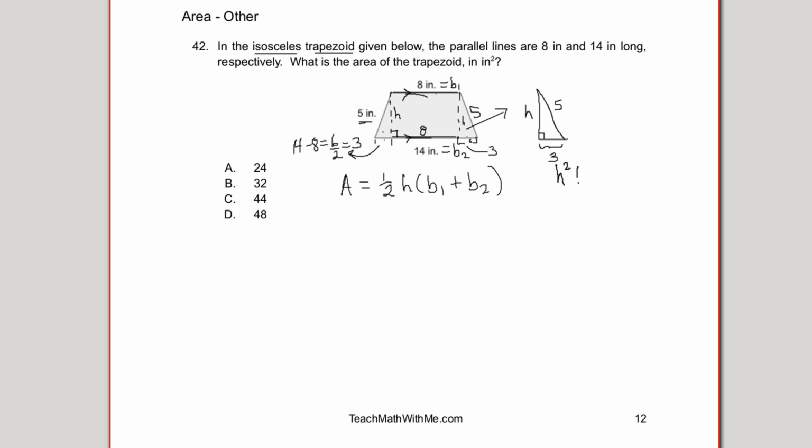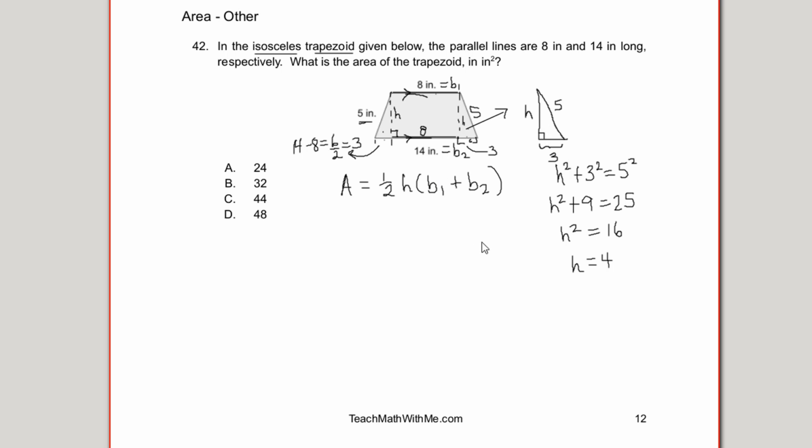So I'm going to say h squared plus 3 squared equals 5 squared. H squared plus 9 equals 25. Let's subtract 9 from both sides, and we get 16. Take the square root of both sides, and H is going to be 4. So we've got a nice number of 4 for our H.